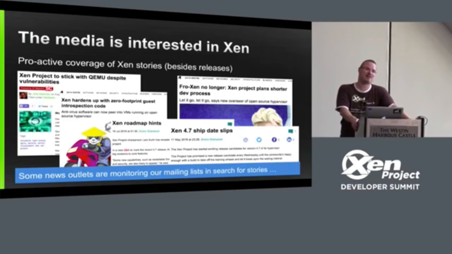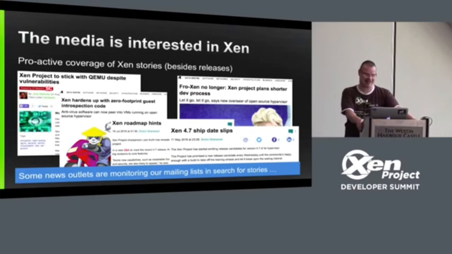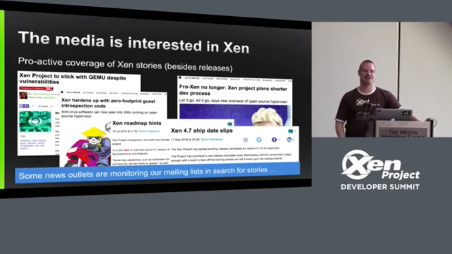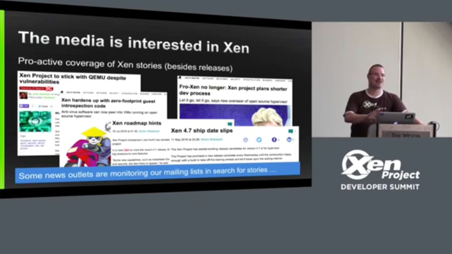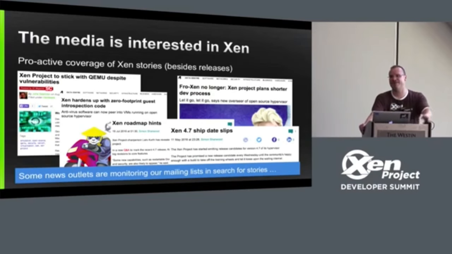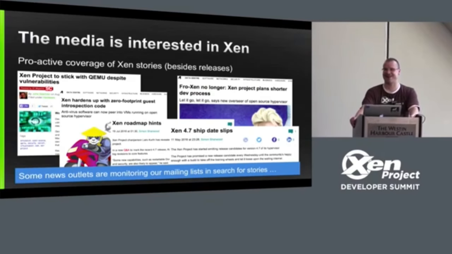Saying Xen 4.7 slips, and also, by the way, it's going to have these features in it, because they actually track our roadmap emails as well, right? So just be aware that what you say might get used against you at some point, because the press actually reads our mailing lists.